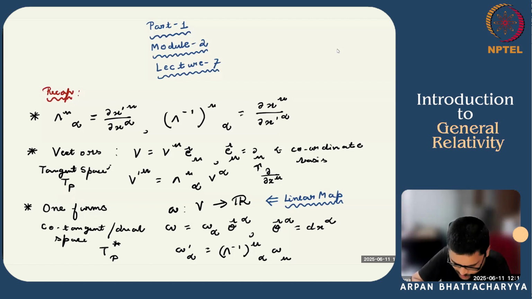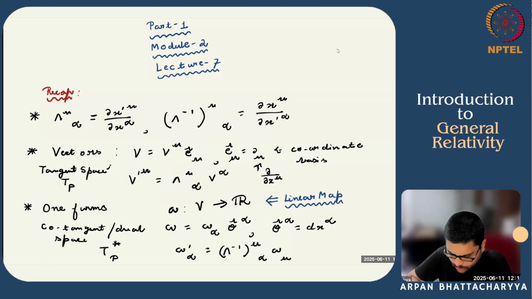This is nothing but the tangent space associated with the point P in the Minkowski space, and the elements of such vector space can be written this way, where this v mu is the component and e hat mu is the basis vector. We will choose the coordinate basis where e mu will be simply del del x mu, which in short we have written like this, del mu, and the component of this vector transforms in this way under Lorentz transformation, and this is the defining relation of a vector.